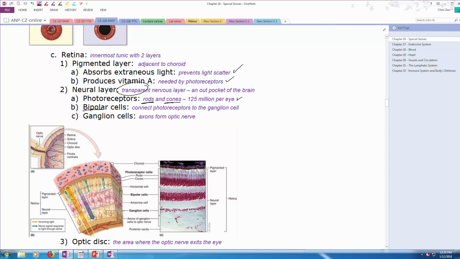And then bipolar cells then synapse or connect to our ganglion cells. And then they have axons going over the inner surface, and remember the inner surface is adjacent to the aqueous, the vitreous humor, to form the optic nerve. So this is our cartoon model right here.